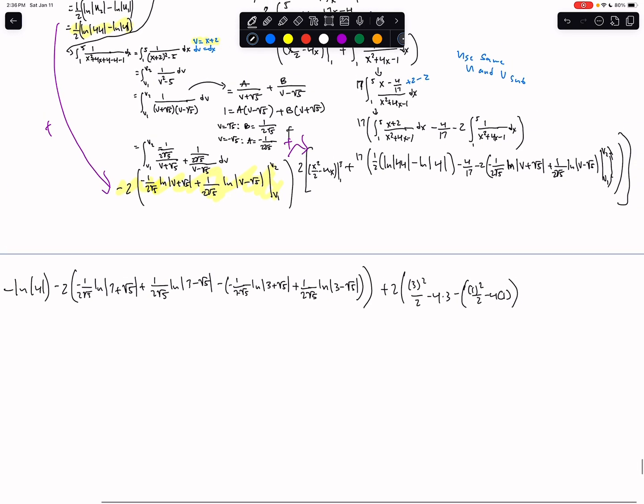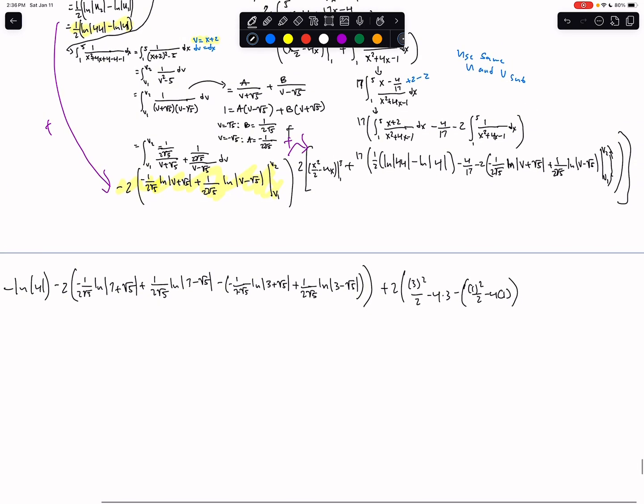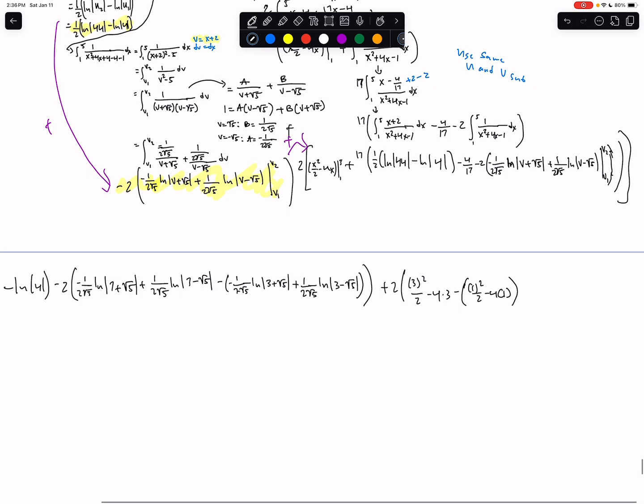And then that plus 17 times 1/2 ln absolute value 44 minus ln absolute value 4.